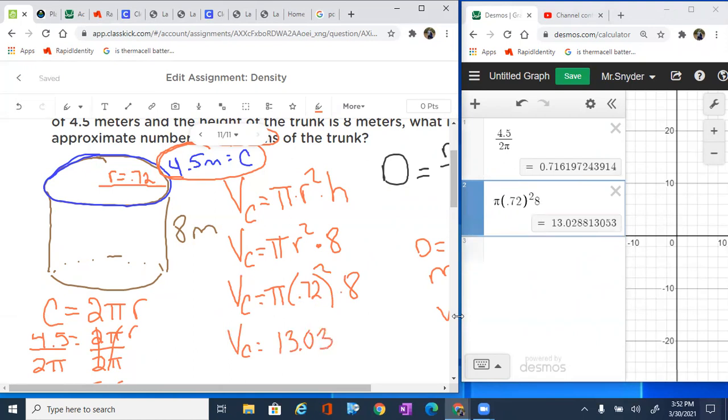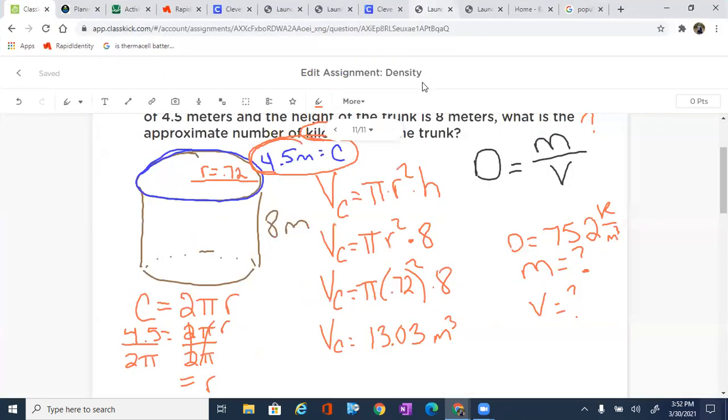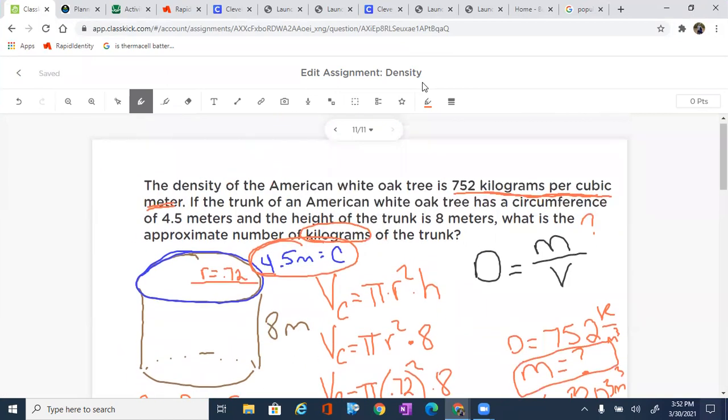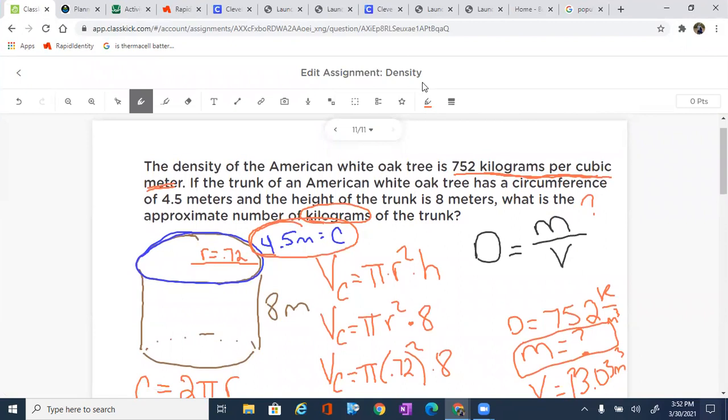We'll round it up. And we're talking about meters, so this will be meters cubed. So we found out that the volume of this trunk is 13.03 meters cubed. Now we can actually find the mass of this trunk, which is what we wanted to do.